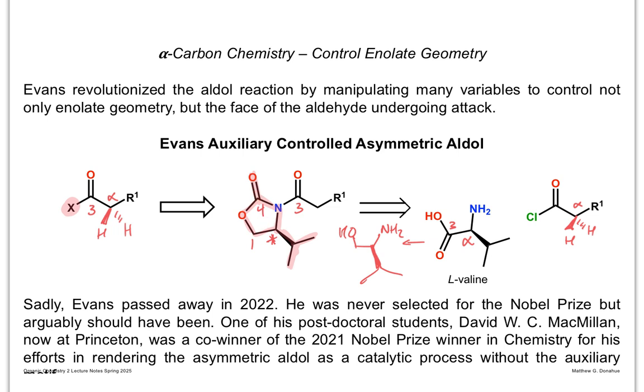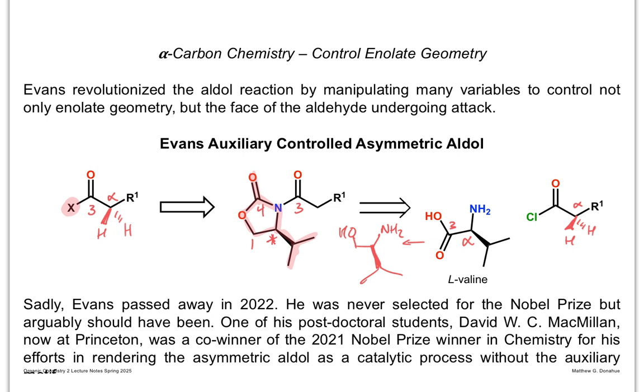So it has a set stereocenter. That stereocenter then dictates which of those hydrogens gets deprotonated, and then ultimately how that reacts with the aldehyde. So it's going to set that stereocenter and then the stereocenter of the new beta carbon.